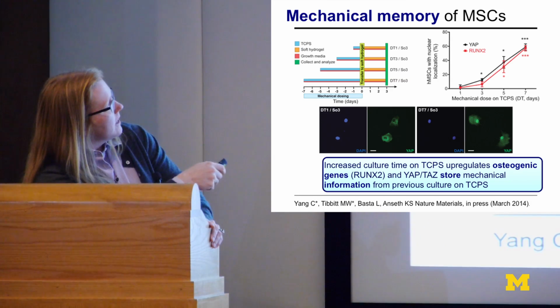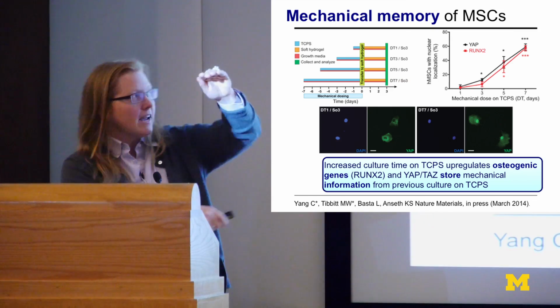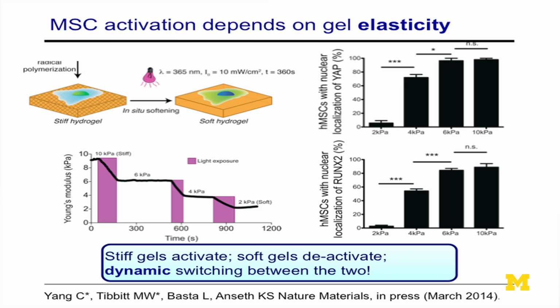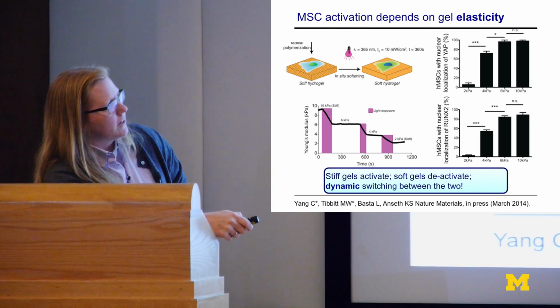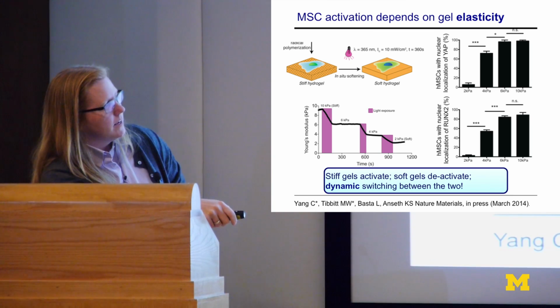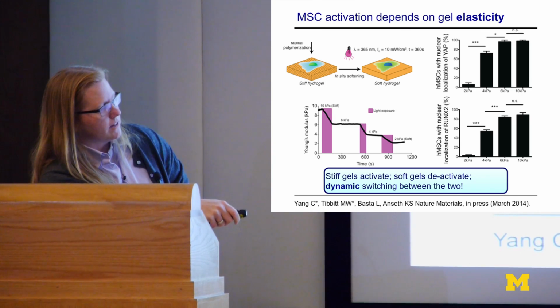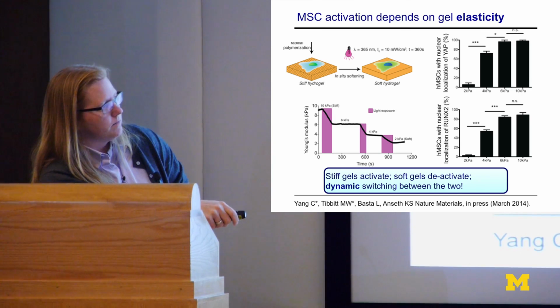If we culture cells in stiff environments, then I can in situ soften them and watch how they respond to this. So much like I walked you through, cells in a stiff environment, soften, soften, soften. And so one of the things that we showed, and let's just look here at this bottom one, is that in the soft environment, this osteoblast transcription factor is very low.